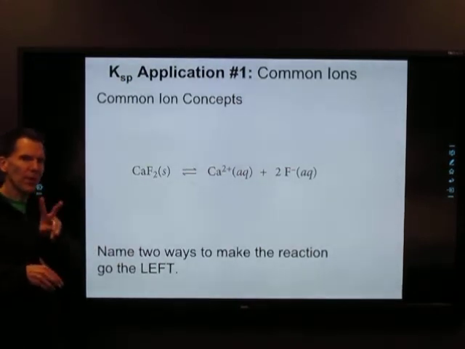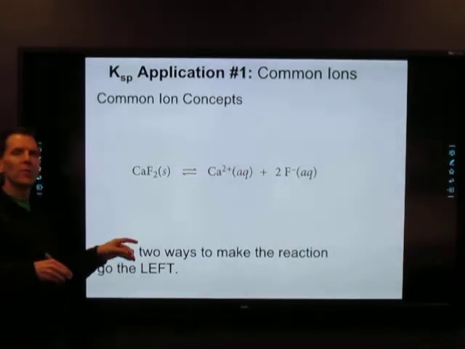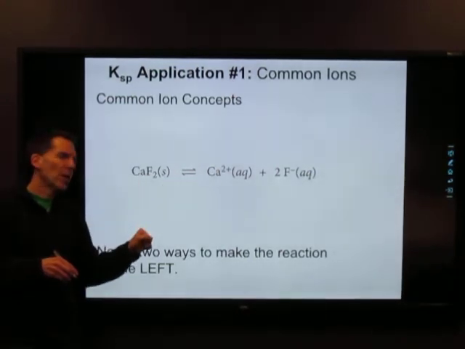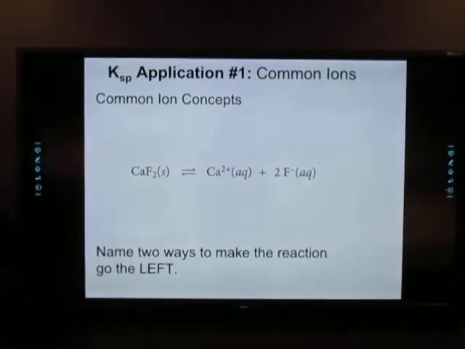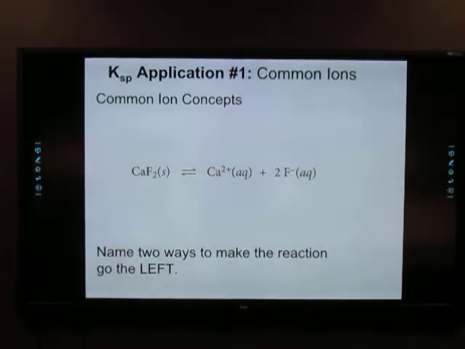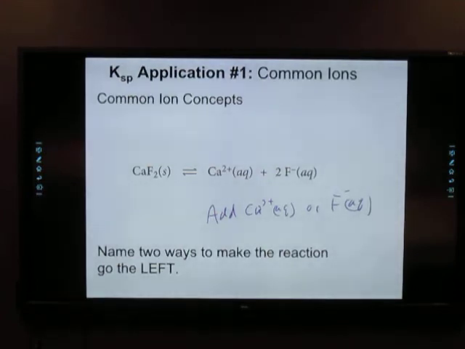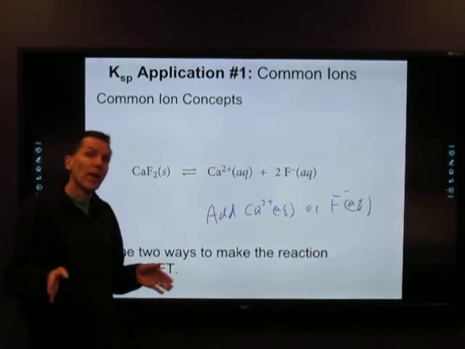The only 2 ways to actually make this go left would be to add some calcium ion via another water-soluble compound and add some F minus. And so the 2 ways would be add that calcium 2 plus or F minus. When we do the math in a moment, we're going to see the F minus will be put in.